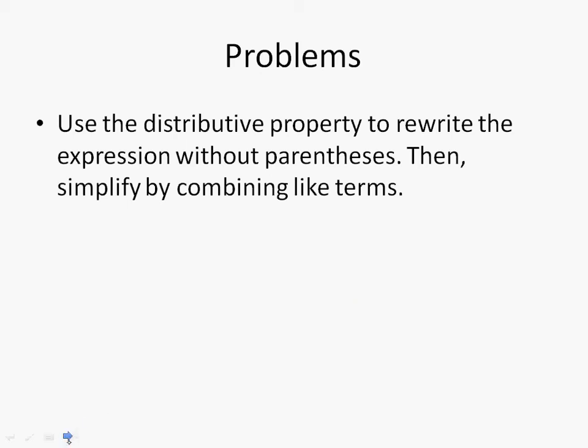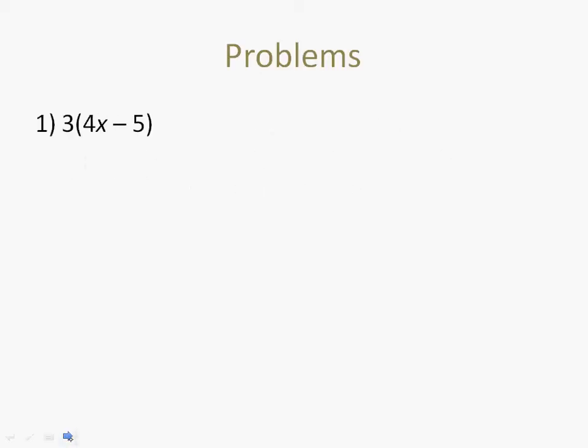So I have 3 times the quantity 4x minus 5. And here's my number touching parentheses. So I have to take the 3, I have to multiply it to the 4x, and I have to multiply it to the negative 5. So I have 3 times 4x, and I'm going to add it to 3 times negative 5.